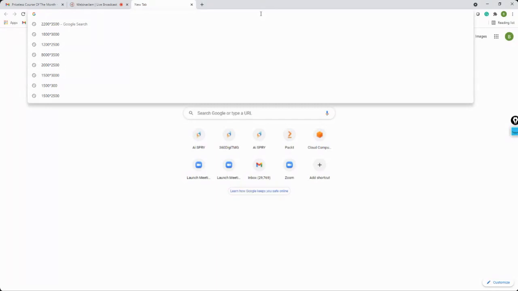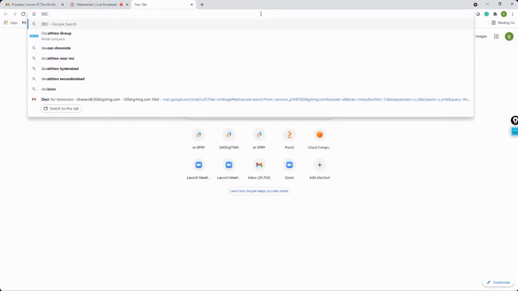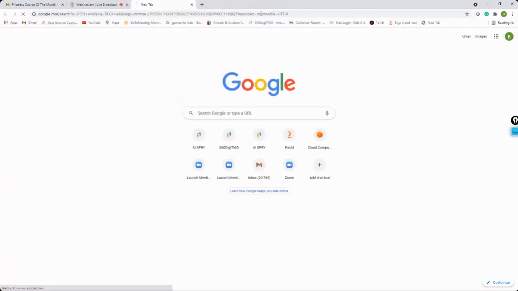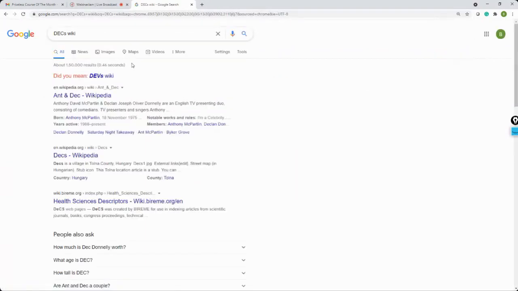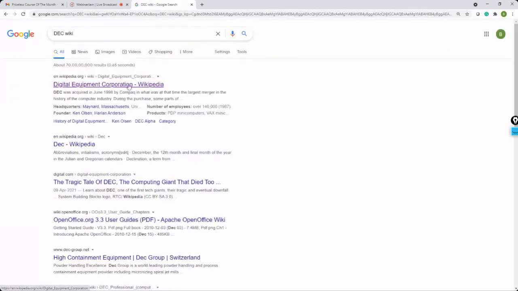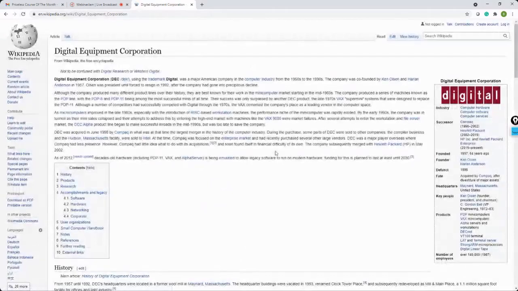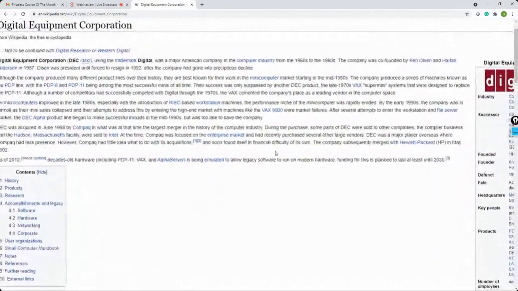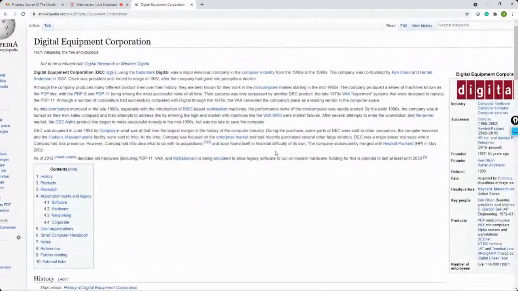Okay, so here, DEC, I believe. Digital Equipment Corporation was once threatening to acquire IBM. They were planning to acquire IBM, but then they backed off, not sure why.